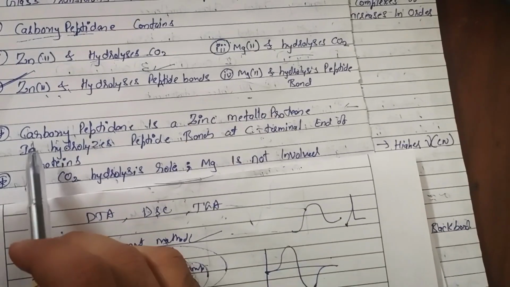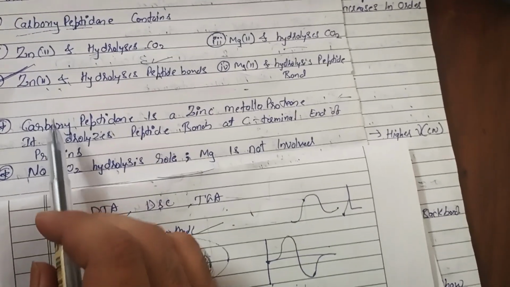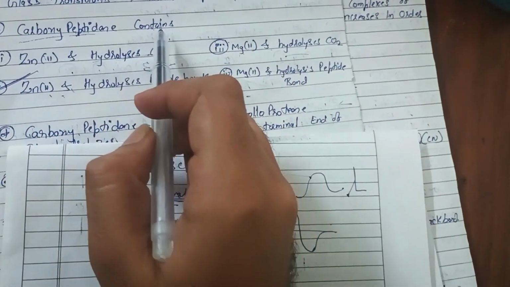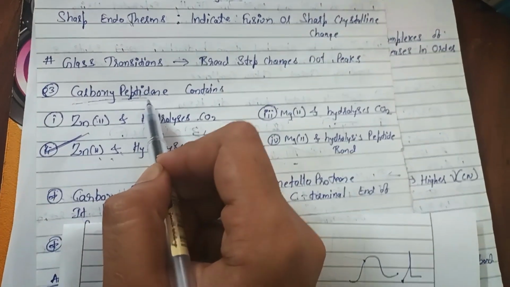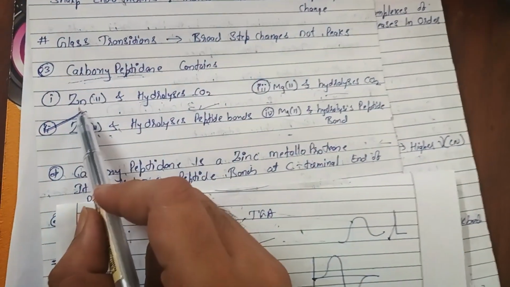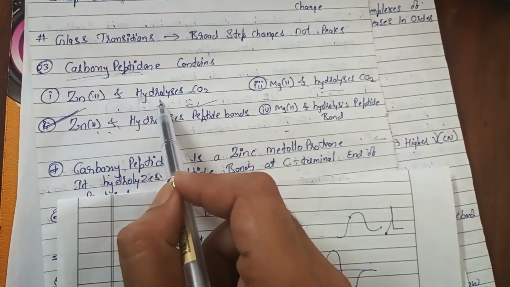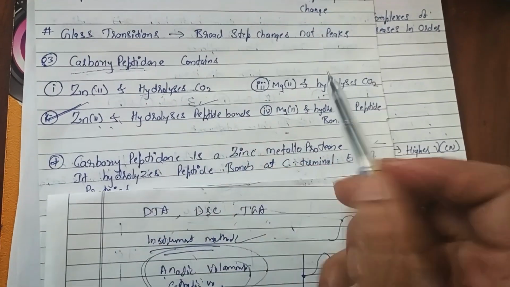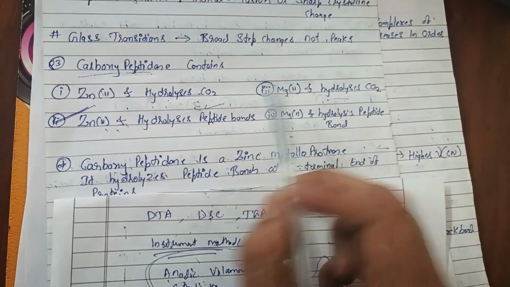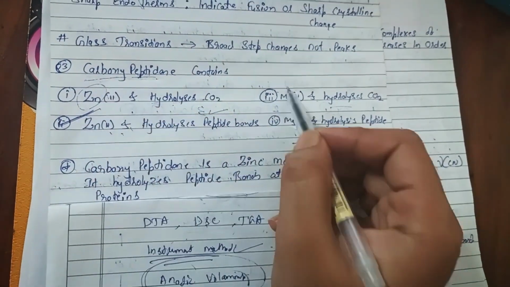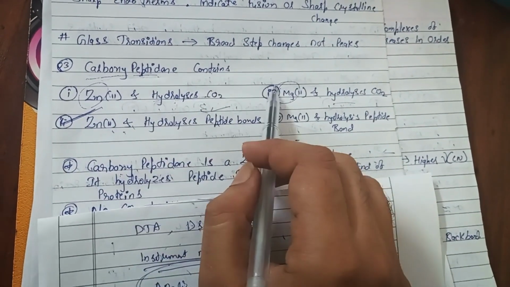Now the third question: what is the carboxypeptidase content? If we see the options, there are Zn2+ and hydrolysis of CO2, and Mg2+ and hydrolysis of CO2. Only Zn and Mg are the different minerals.